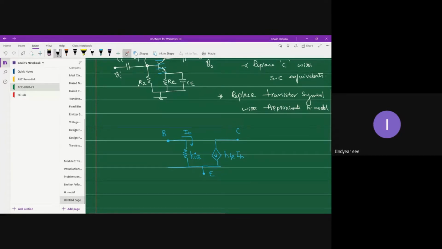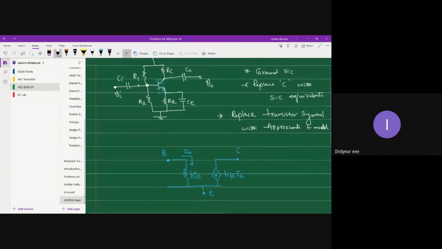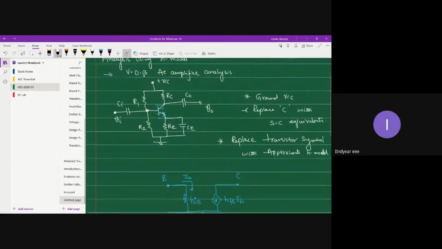Right, now what I have to do is I have to connect the remaining circuit elements. Okay, so if you observe carefully, R1 and R2, they are connected to the base terminal, right? And the free end of R1, I mean the opposite end of R1 is connected to VCC, but I have already told you VCC will be grounded for AC analysis.